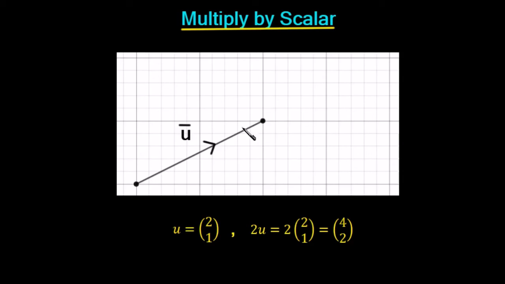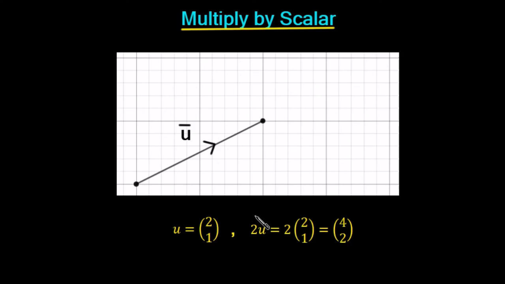Now we want to take our vector u and multiply it by a scalar. So the vector u is given in component form as (2, 1), that's along 2 and up 1. If we want to multiply it, say for example by the scalar value 2, so it's just the number 2, then the vector 2u is just going to be 2 times the component vector, so 2 times 2 which is 4, 2 times 1 which is 2.